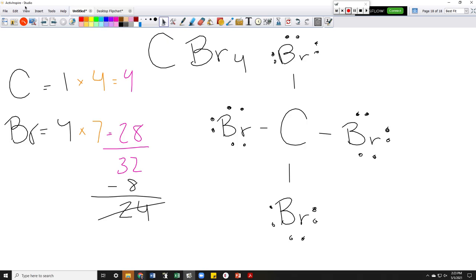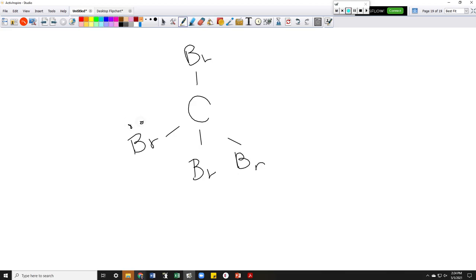What do we have to do to that 90-degree angle? Squeeze it down. So outside of this box, on the right-hand side of the sheet of paper, if you want to draw it below or out to the right, redraw this the correct way. How you're going to have to draw this is C, 1 Br up, 1 Br down, and then 2 Brs down at angles, and each of them having 6 dots around it.